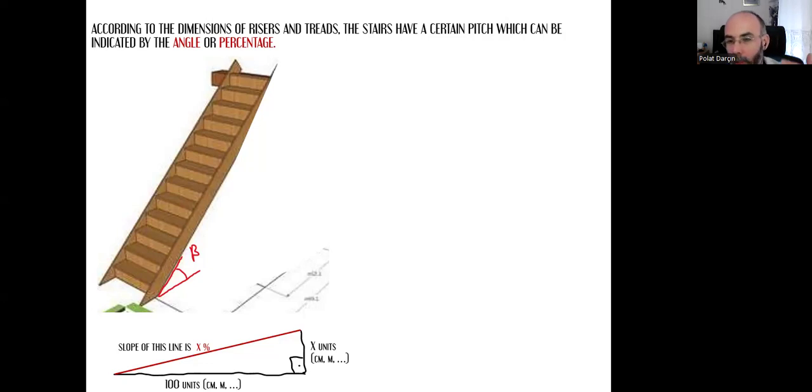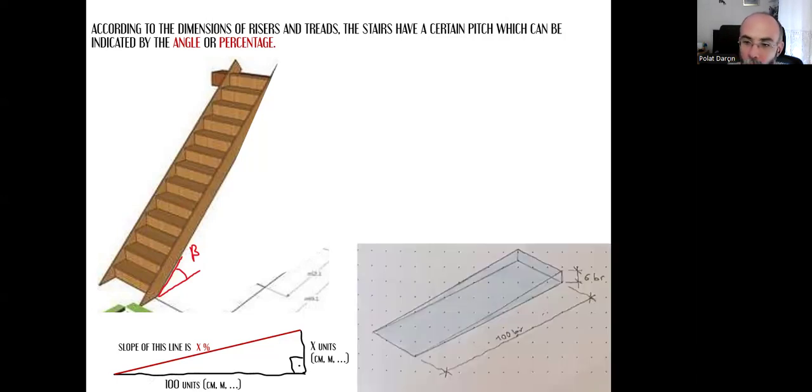We can determine the pitch of the stairs either by expressing the angle, or the slope in percentage. We can say that the pitch of the stairs is X%. Here's an example. If we have these stairs, or it can be a ramp as well, an inclined surface, it doesn't matter, and this horizontal length is 100 centimeters and this perpendicular height is 6 centimeters, then the slope of the surface is 6%.